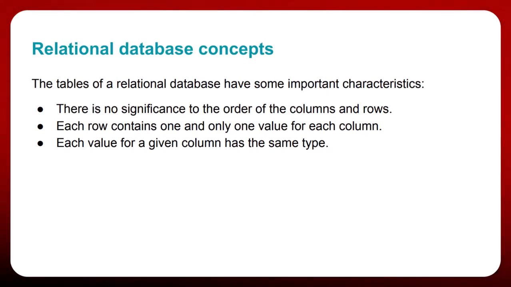The tables of a relational database have some important characteristics that we need to know. There is no significance to the order of the columns and rows. Wherever the first feature is, it's fine, no problem. Each row contains one and only one value for each column, and each value for a given column has the same type.